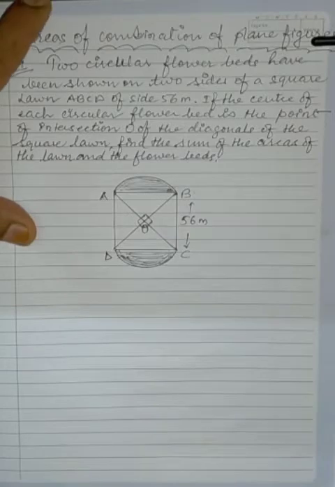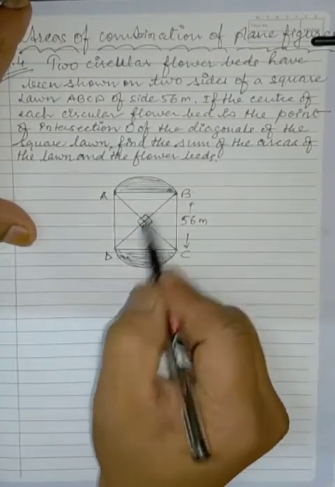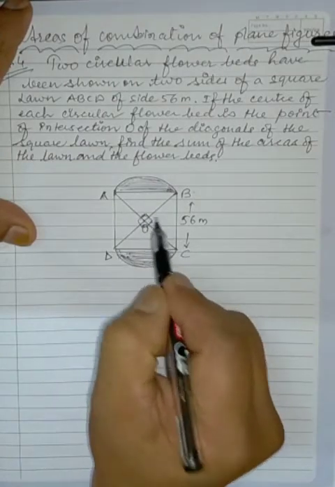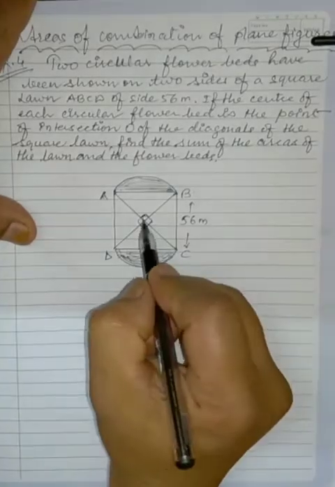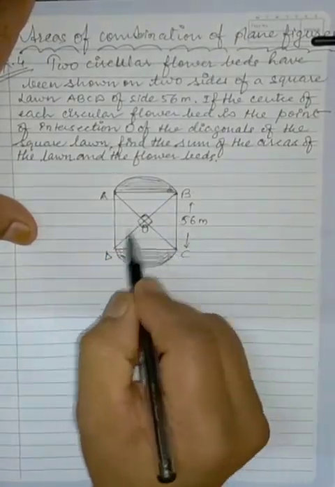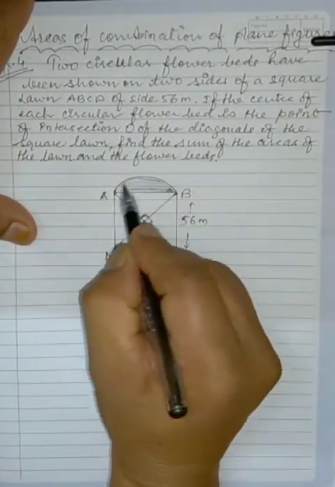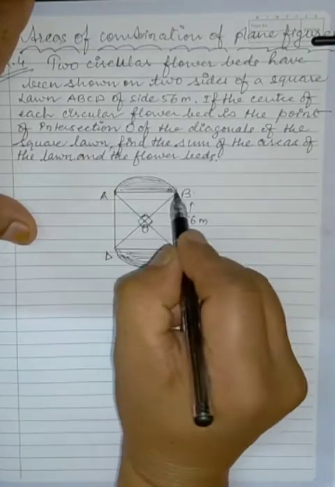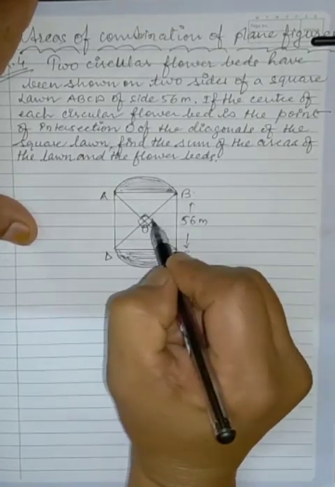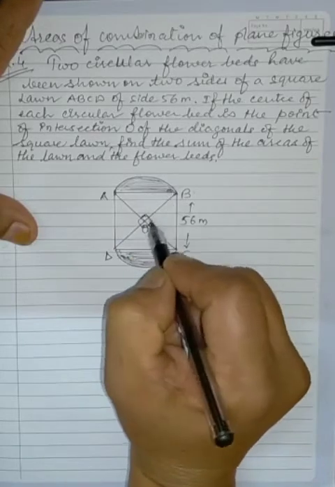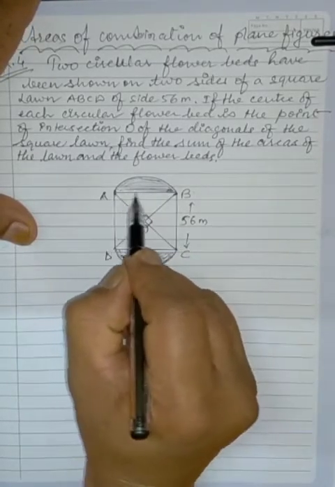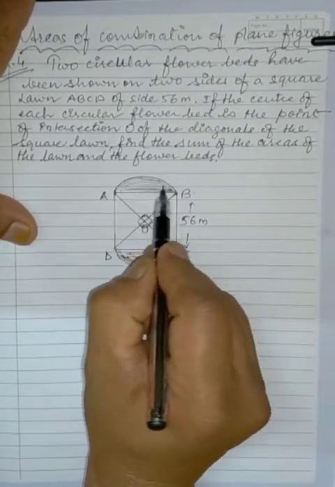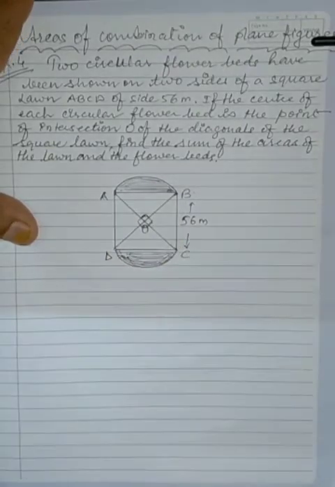This means that diagonals are bisecting as well as the angle is 90 degree. So here AOB and COD, this portion and this portion each are working as the quadrant of circle, and AB is working as a chord for which this section has become a segment.